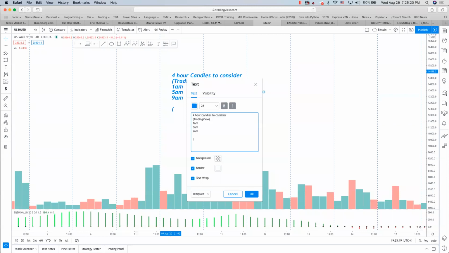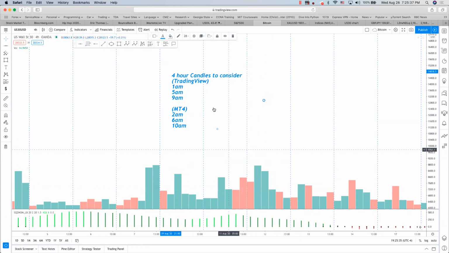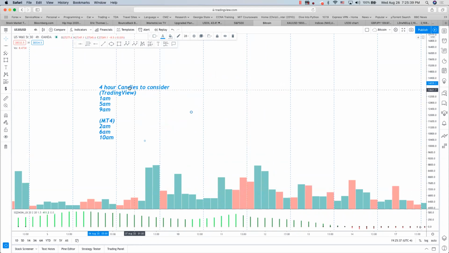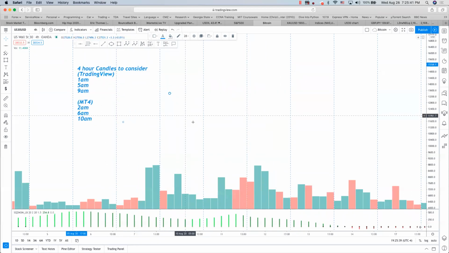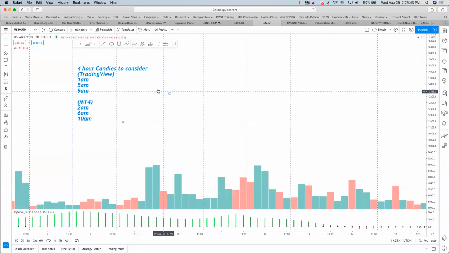MT4 is the 2 a.m. candle, 6 a.m. candle, and 10 a.m. candle, right? That's the one thing, right? These are the candles we focus on, right?